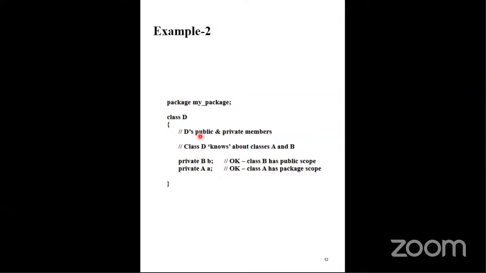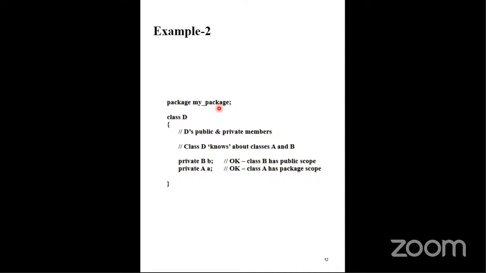Now let us see how it can be accessed. There are more classes, class C and class D, which are also in my package. This will be a different Java file, but because the statement is my package, they also belong to my package.